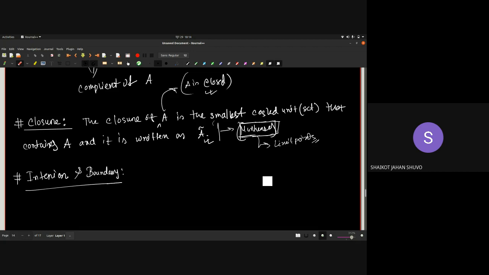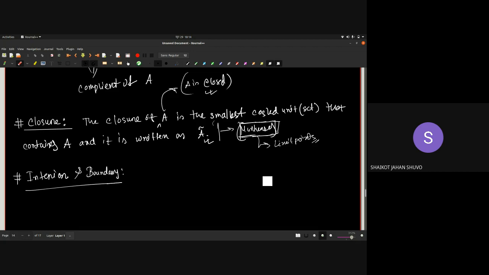Okay, so let's talk about some more definitions, because this chapter is all about definitions. And we want to define something called an interior and a boundary. So where was I? Okay.